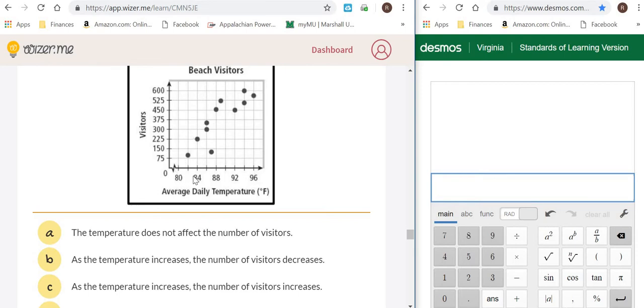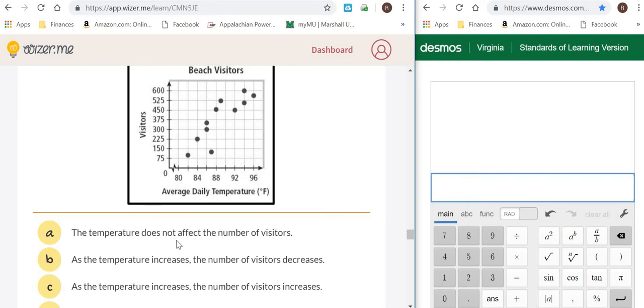So what it looks like to me is as the temperature gets higher, the number of visitors gets higher. And he didn't want to go if there was more than 500 people. So let's go across here and see. Our trend line would probably go right about through there. So 92 or above looks pretty good for there being more than 500 people.